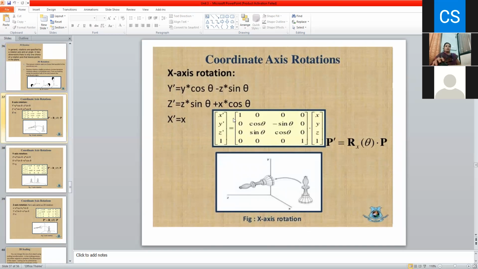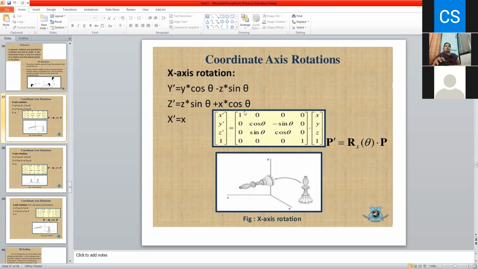So this is the T matrix for rotation about x. As the object is moving around the x-axis, its distance from the x is going to remain the same, and that's why x dash is equal to x. So we are keeping the first column and first row like this.